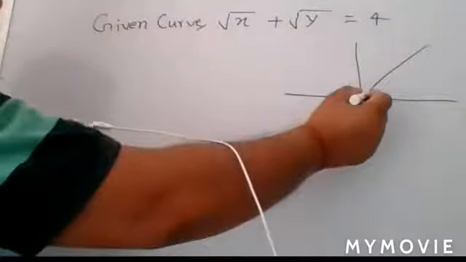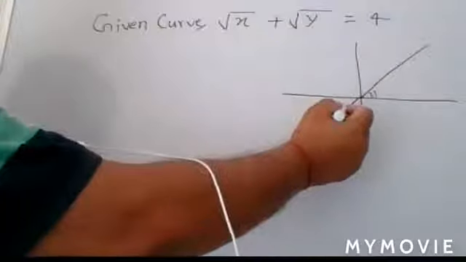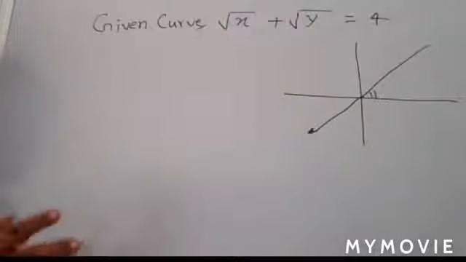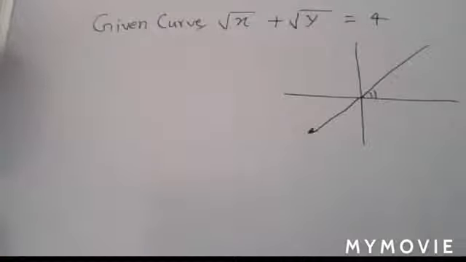So either its angle is 45, or in this quadrant you have pi minus 45, means tan 135 degrees. So the slope of that type of line, which is equally inclined with the axis, is plus minus 1. You note that point. Means if a line makes equal angle with the coordinate axes, its slope is plus minus 1.